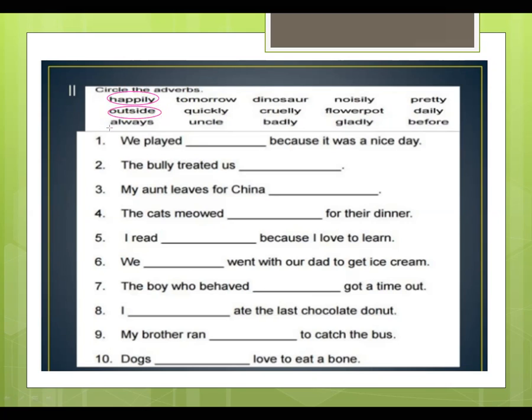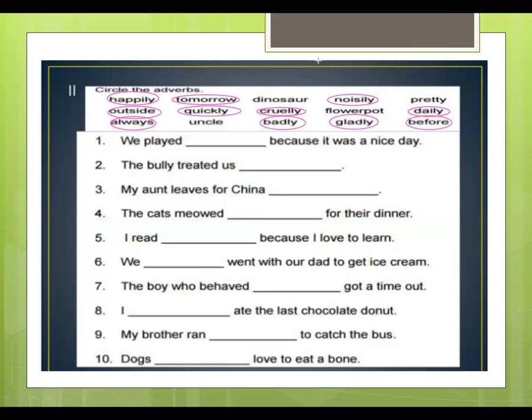Outside. Always. When? Tomorrow. How quickly? Or how did he behave? Cruelly. How did he react? Badly. Noisily. Gladly. Daily. When? Before.